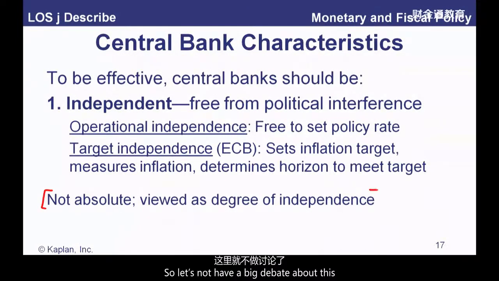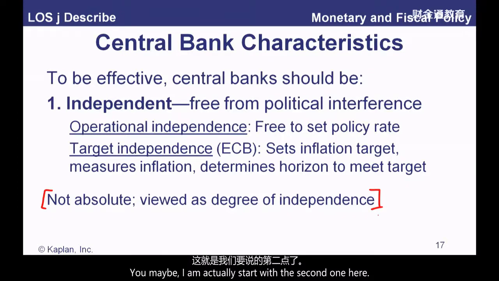Realistically there's always a degree of independence, but you need to be able to define two types for the exam. So independent means free from political interference.